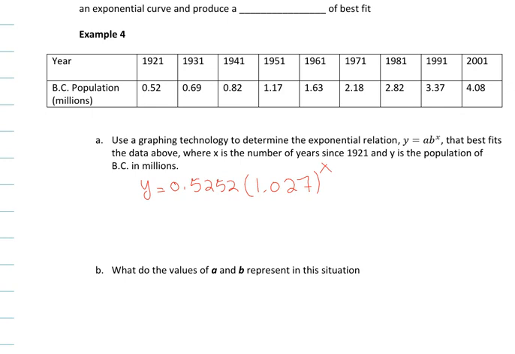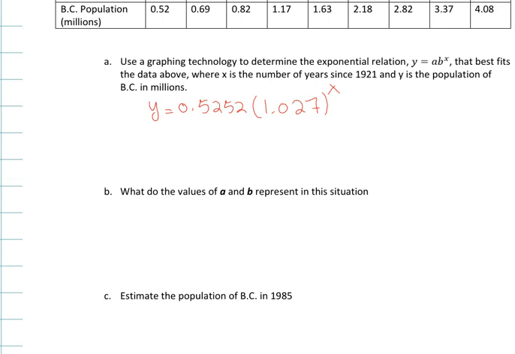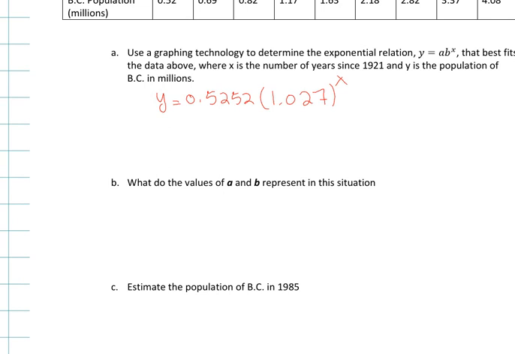Alright, that's it. Okay? Now what do the values of a and b represent in this situation? A represents what? The initial value. And how much is it in this case? 0.52. Yes, which is about 525 million, right? Sorry, thousand. Because this is in millions. Guys, eyes on me, please. This population is in millions. So this is your initial population.